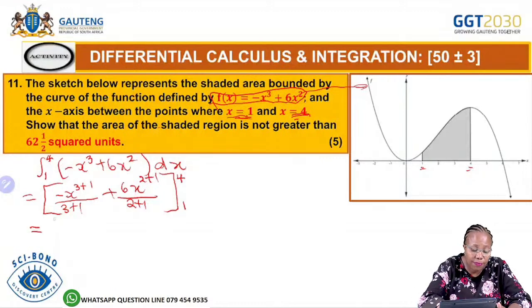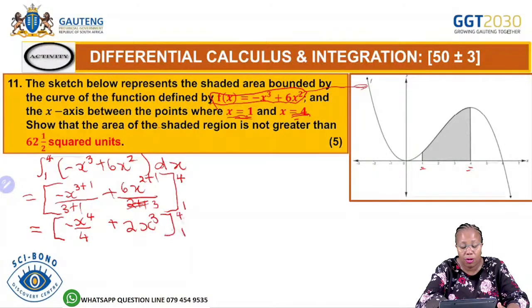And then now let's simplify and find the final integral, which is minus x to the power 4 over 4 plus, remember this is 3, 6 divided by 3 is 2, x to the power 3 within the upper limit 4 and lower 1. The next step, now we are substituting the limit.